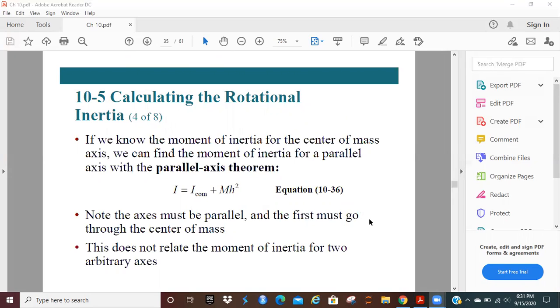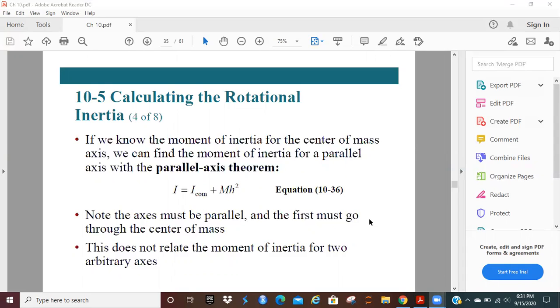So if we know the moment of inertia for the center of mass axis, then we can find the moment of inertia for a parallel axis with the parallel axis theorem. So the axes have to be parallel, and the first has to go through the center of mass. There's no getting around that. You got to do that. It does not relate the moment of inertia for two arbitrary axes. In other words, they can't be perpendicular, they can't be askew.